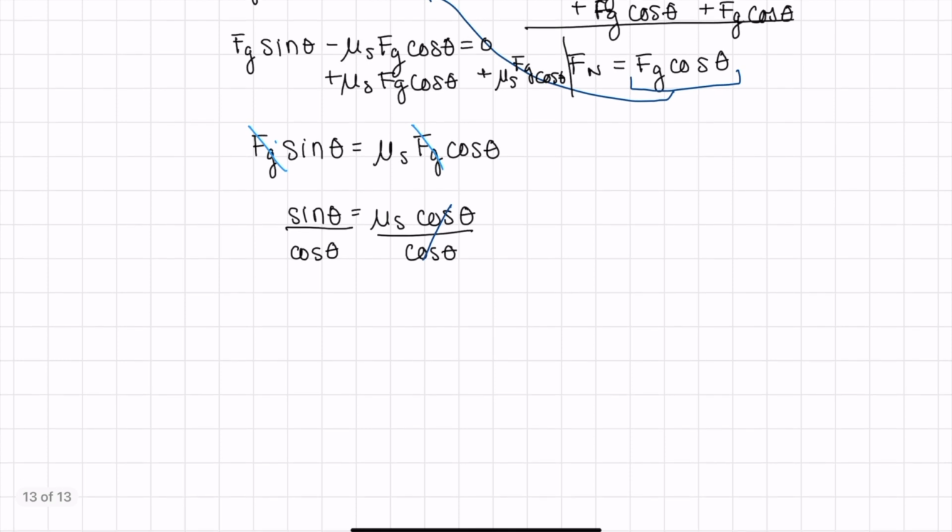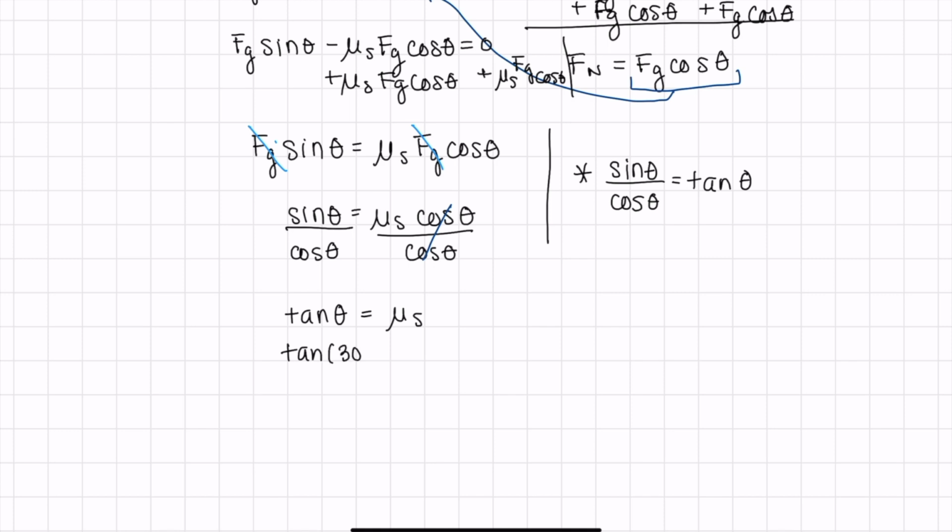A general trig identity that's good to know, though it might not be on your equation sheet, is that sine theta over cosine theta is equal to tan theta. So once we have that, substitute tan theta in for that fraction. We can plug in that last 30. It's going to be 0.58 is mu s. And there you have it.